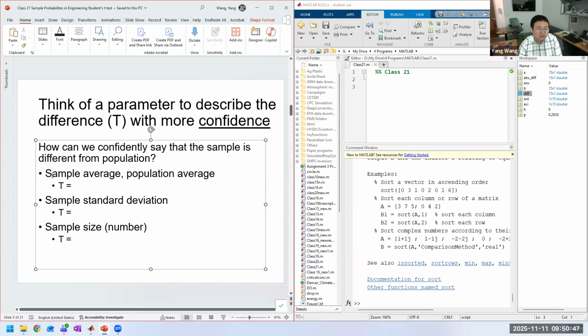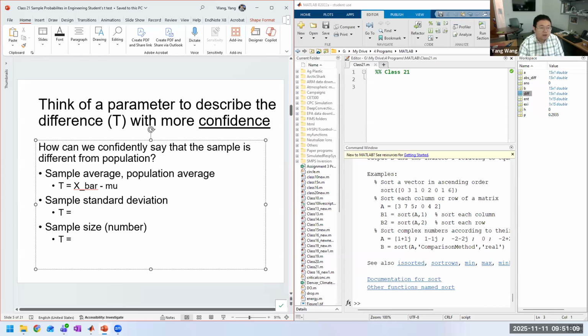So the first step is to consider the sample average and the population average. In this case, the sample average, let's just use X bar, and then we subtract the population value, which is mu, that's defined by this factory.